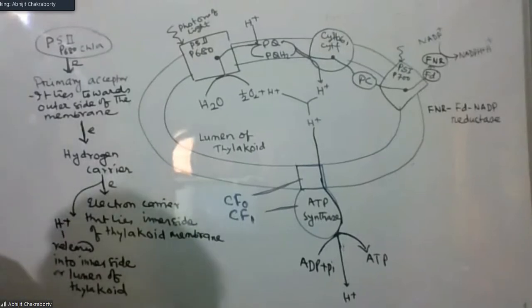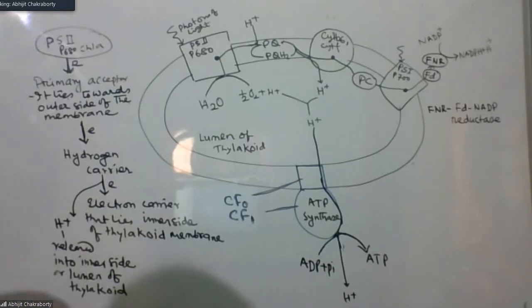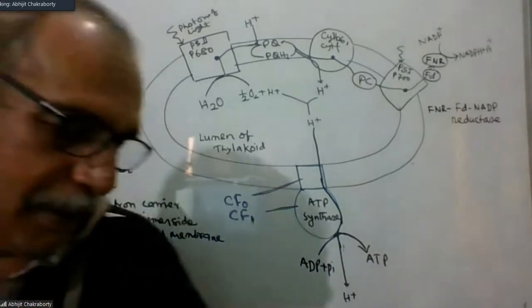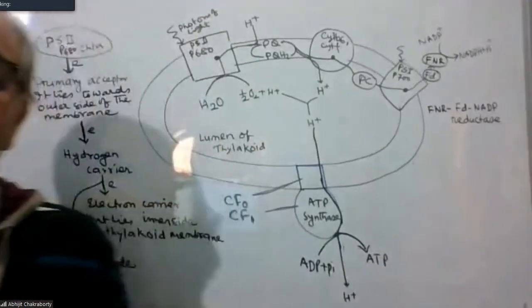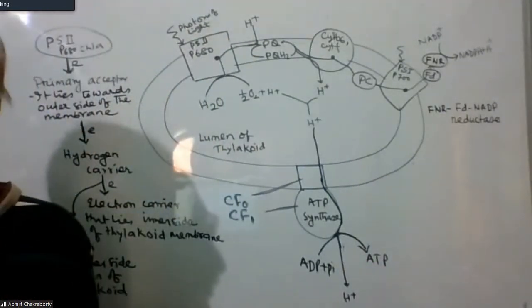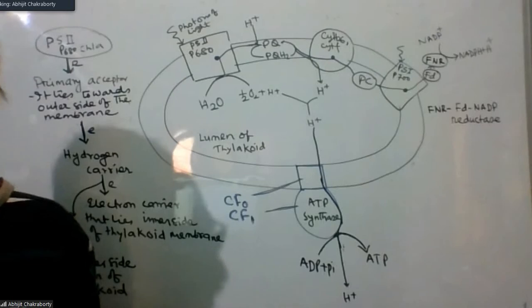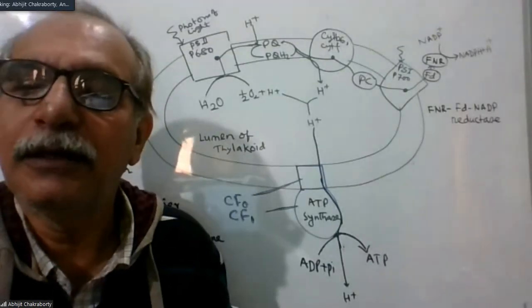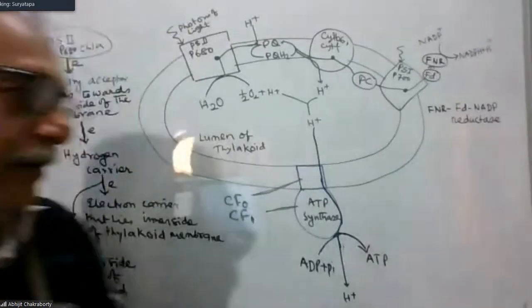Page 213, NCERT book, chemiosmotic hypothesis, and just go through up to 215, the first two paragraphs. I am giving you 2 minutes. Go through it now, everyone, please. Did you go through the book? Yes, sir. Okay.